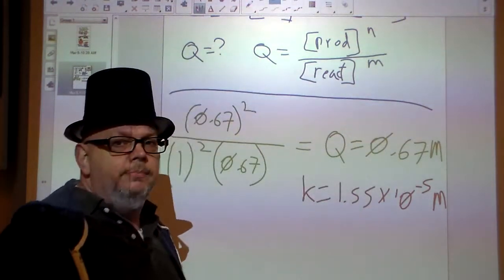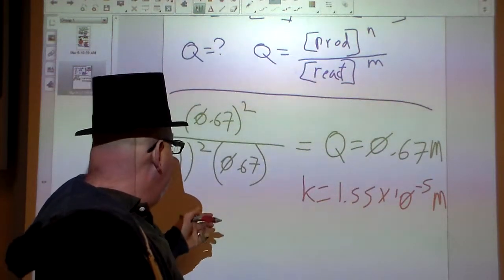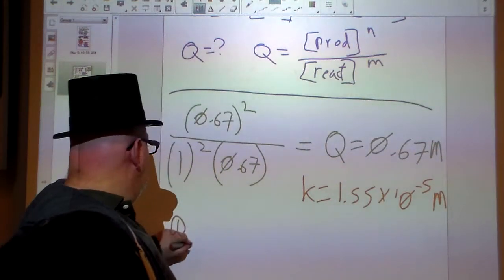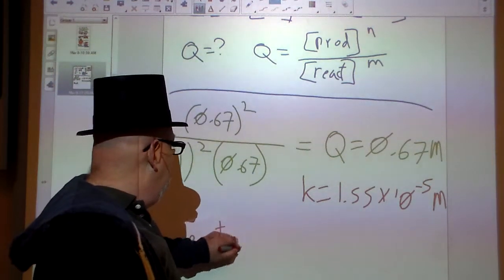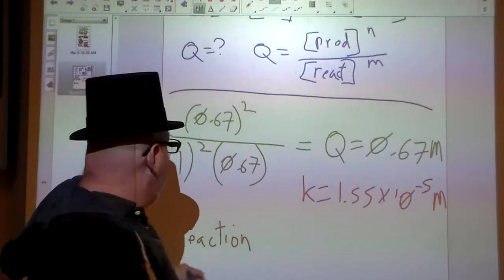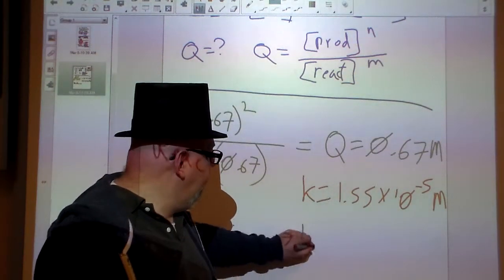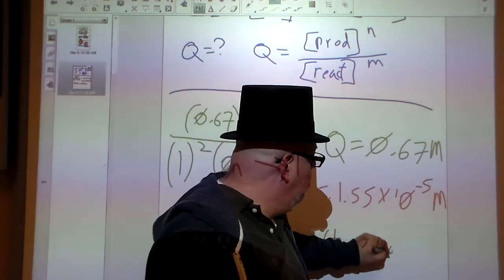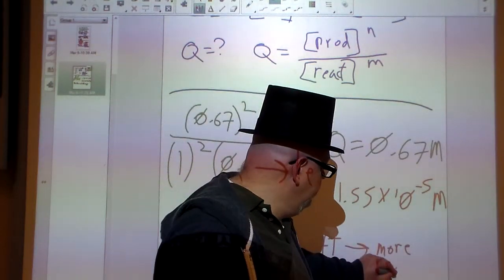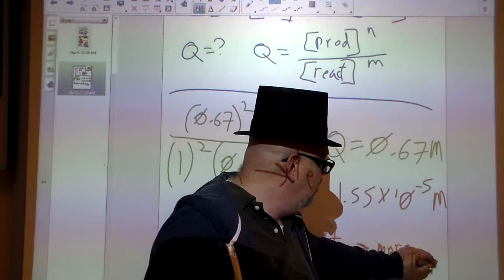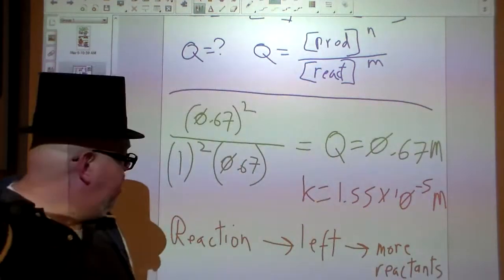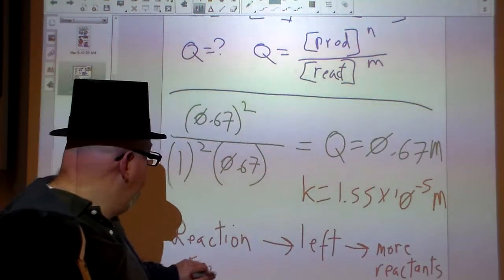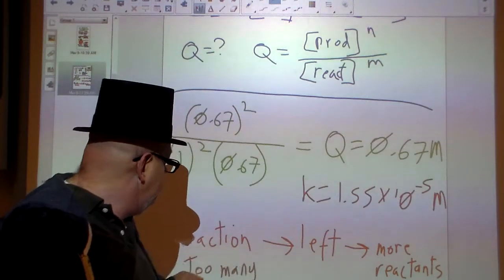And that's what we have. So what does that mean? That means the reaction shifts to the left, to make more reactants. That means we have too many products.